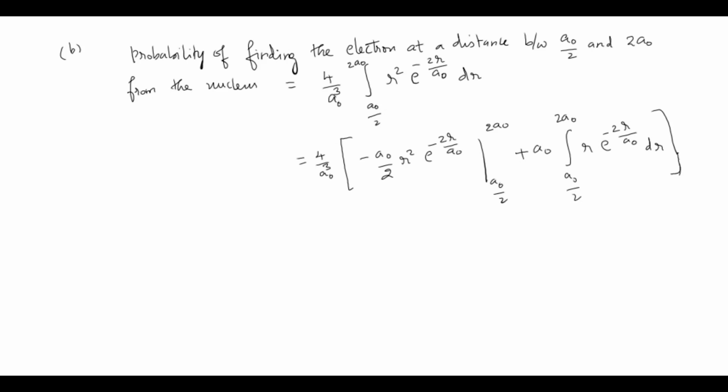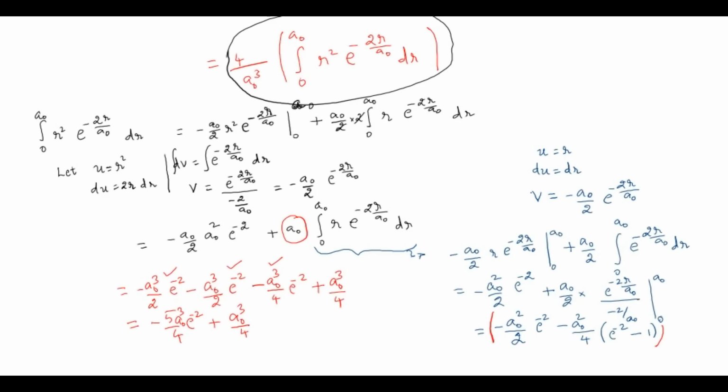So let us rewrite the answer from the previous problem. When we evaluate this integral, this is the integral result. Okay, so we will substitute this also there, and we will substitute the limits, then you will get the answer.